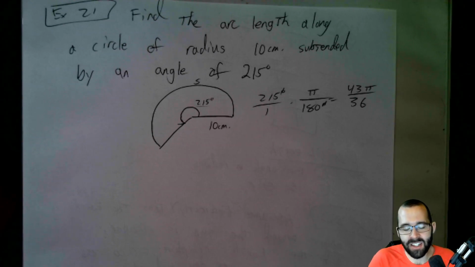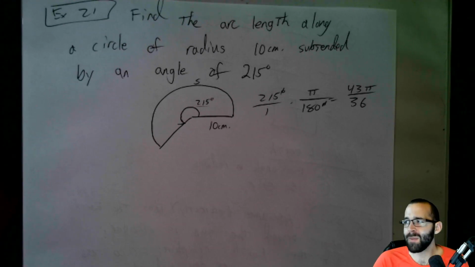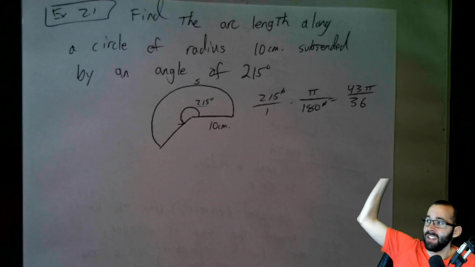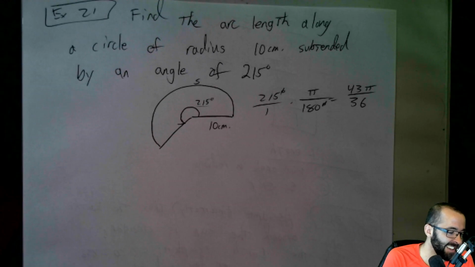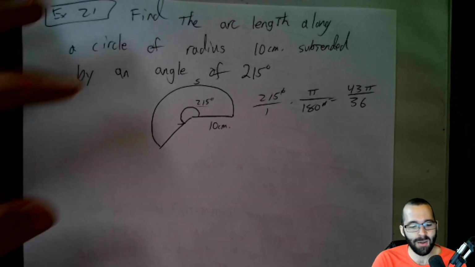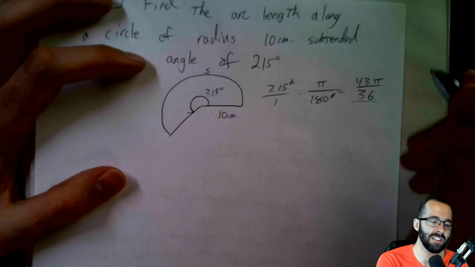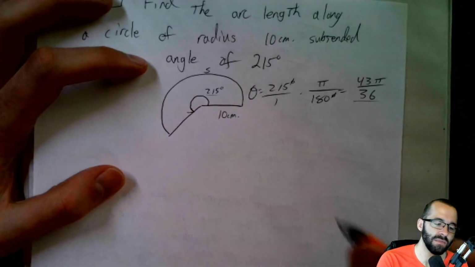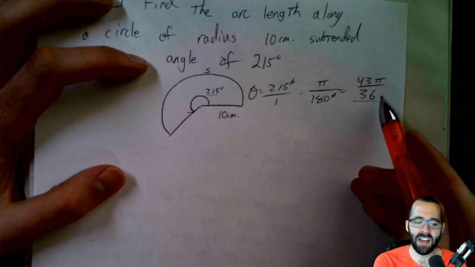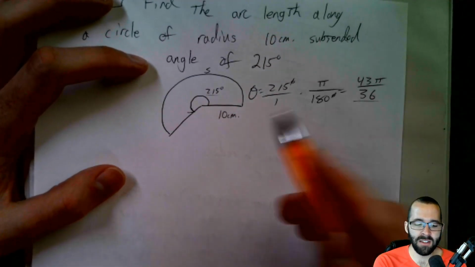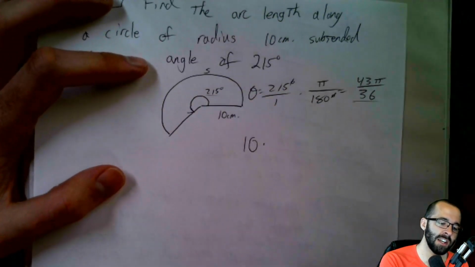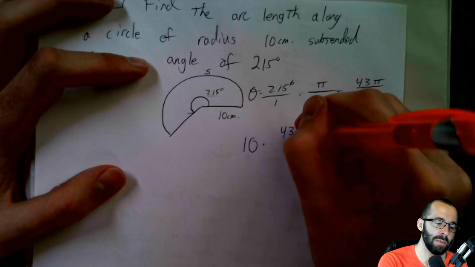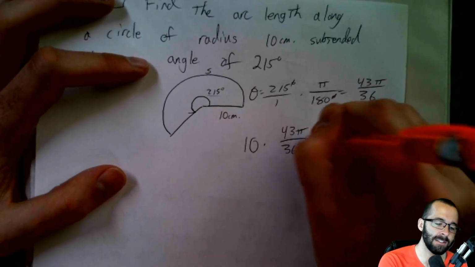And no, I'm not really going to mark you off, unless you approximate so badly that your answer is completely garbage. But it's good practice to be in. So that's our angle. That's our theta. So if we have that many radians and a radius is 10 centimeters, then our arc length is just going to be 10 centimeters times 43 pi over 36.